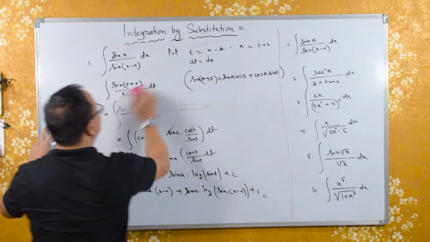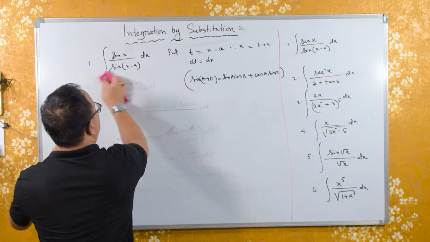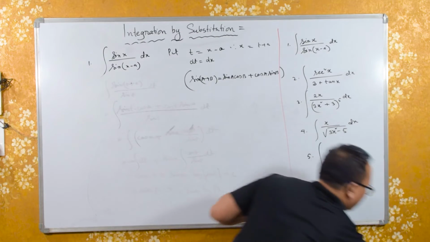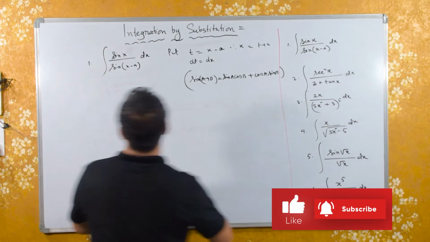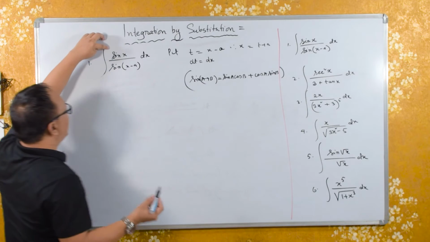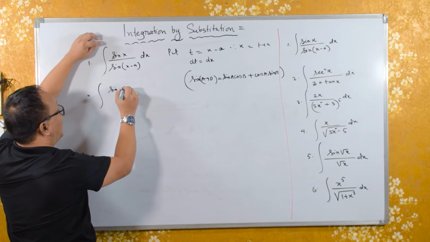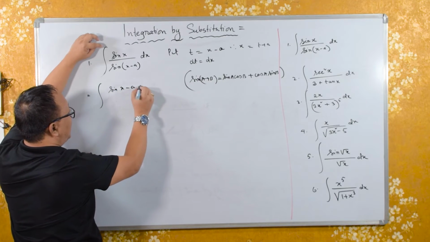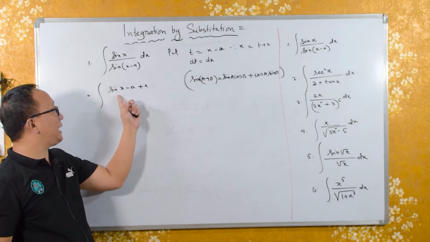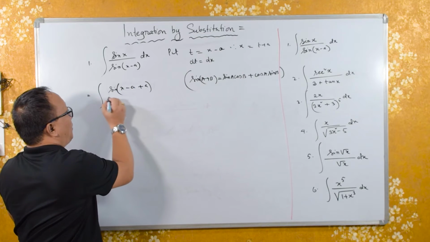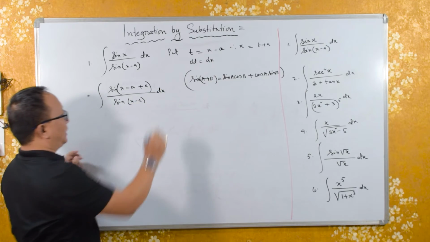So I will be using this formula. Instead of sine x, what we can do is, this is same as the integral of sine of, instead of x, x minus a plus a, upon sine of x minus a dx.